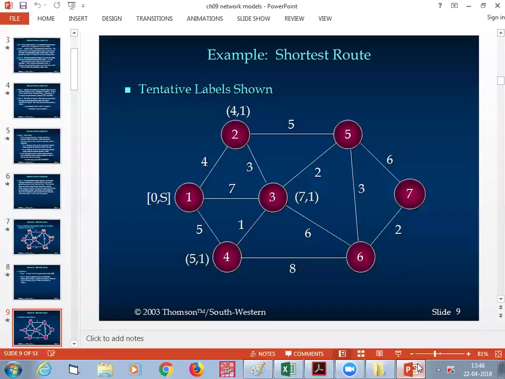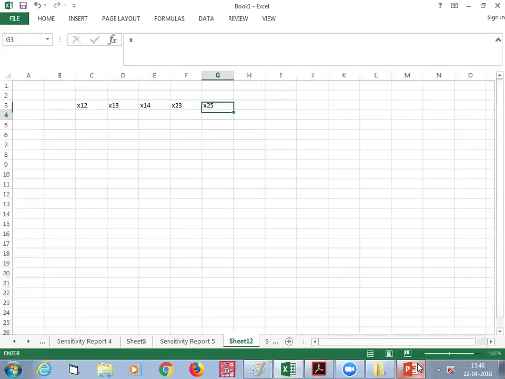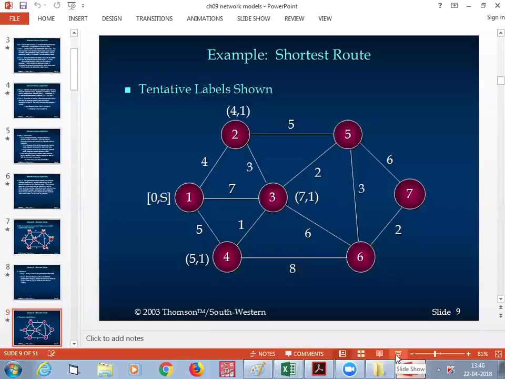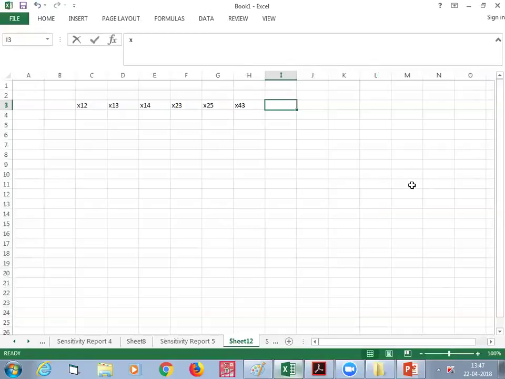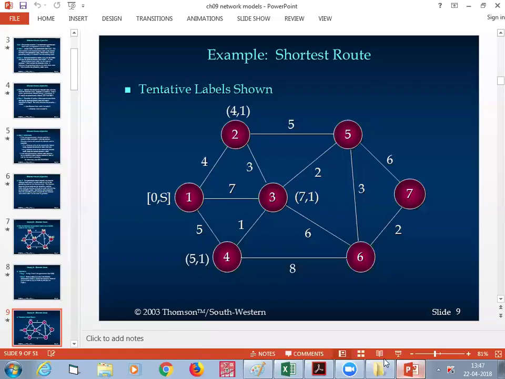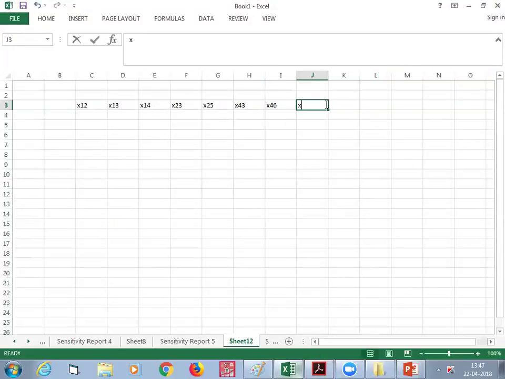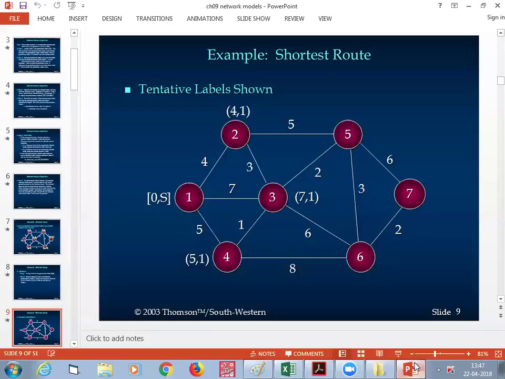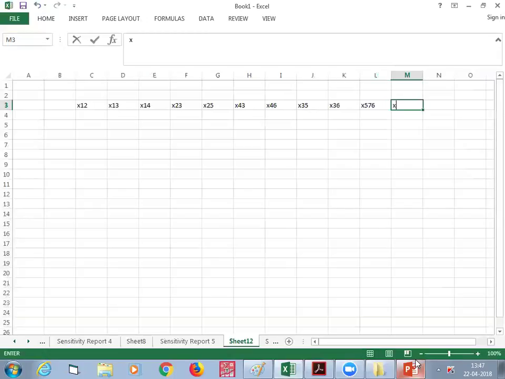Okay, then x23, x25, then x43, x46, then x35, x36, then x56, x57, and x67.